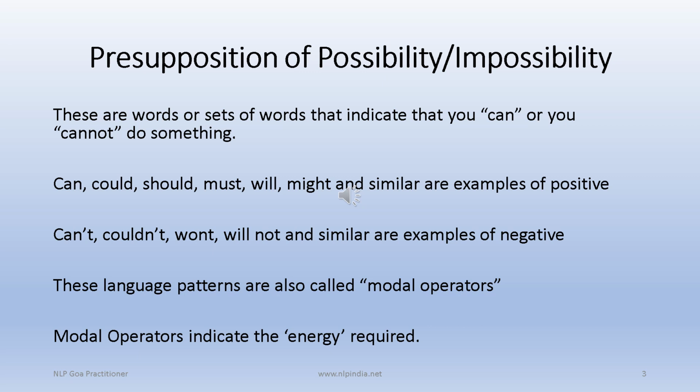Some of the negative words you could use are can't, couldn't, won't, will not, and similar examples of negative words. These language patterns are also called modal operators. Modal operators indicate the energy required, whether you're just going to do it or you really must do it, or you can't do it at all, or maybe you could do it. So these are the presupposition of possibility and impossibility.